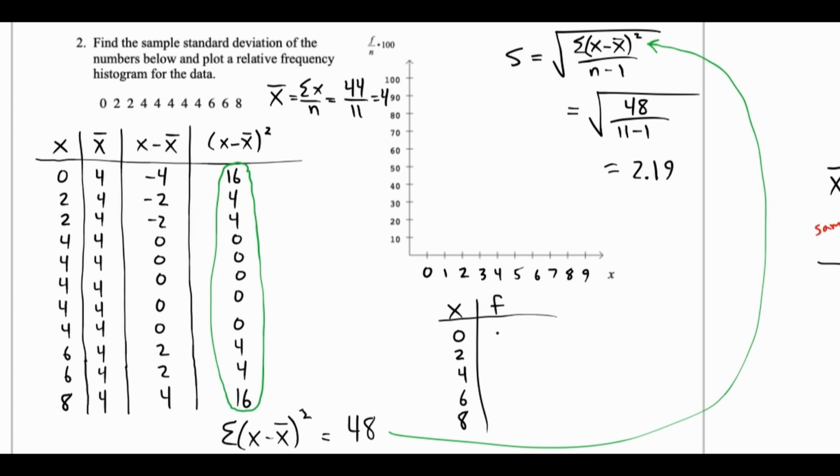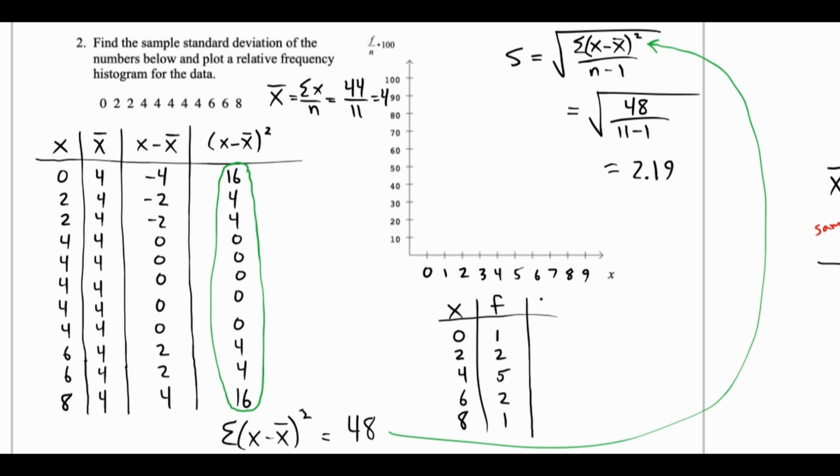And then their frequencies are that there's 1 0. We've got 2 2s. I count 5 4s, 2 6s, and just 1 8.